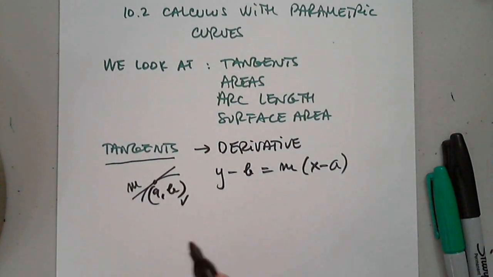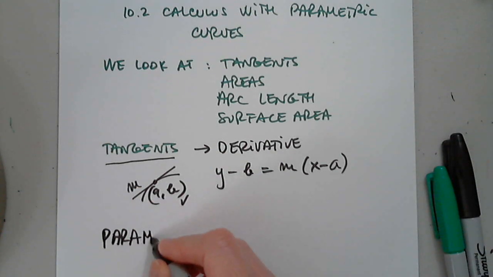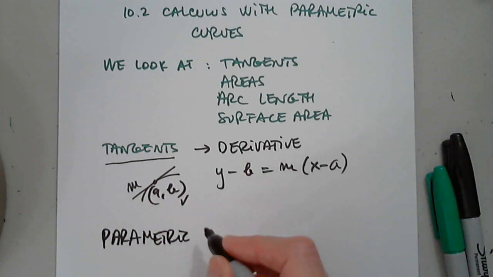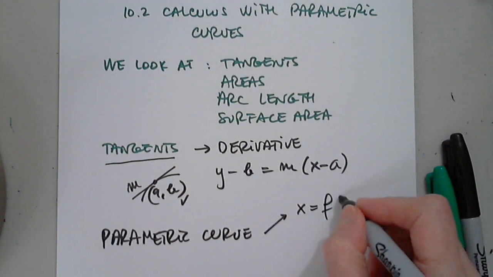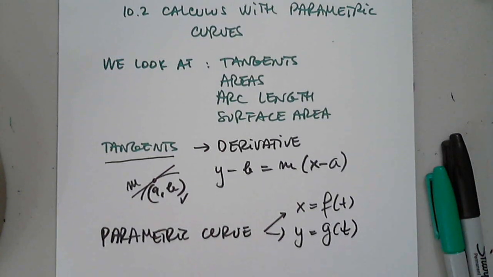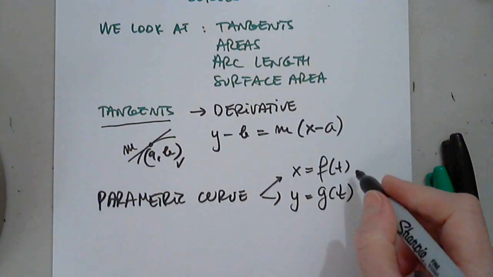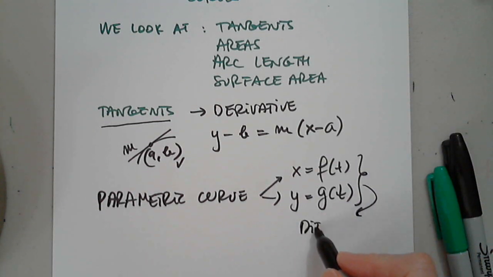Okay, so we know that any parametric curve is defined by x, a function of t, and y, another function of t. Also, these are differentiable functions.